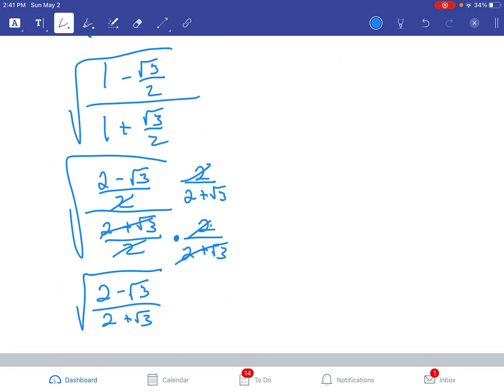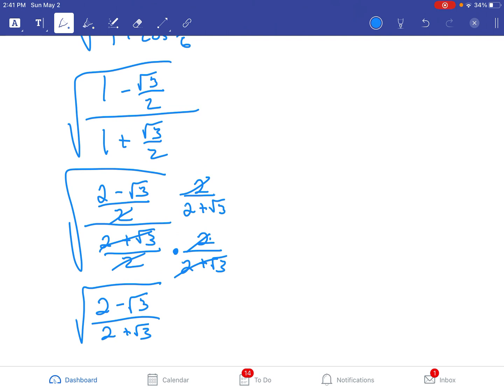Now, this is why we have more space, because these problems are longer. Now what we have is a fraction underneath our square root sign, but the denominator of our fraction has a square root sign in it. But it's an expression, not just a square root sign. So it has a specific thing that you have to do to it, and that thing is called multiplying by the conjugate.